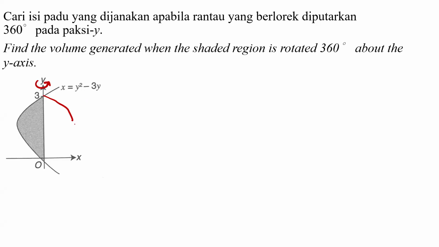The curve is not very clear, but if the curve is slightly like that, you will form a shape that looks like a rugby ball. The points are 0 and 3, but the graph is not that accurate. It passes through 0, okay?